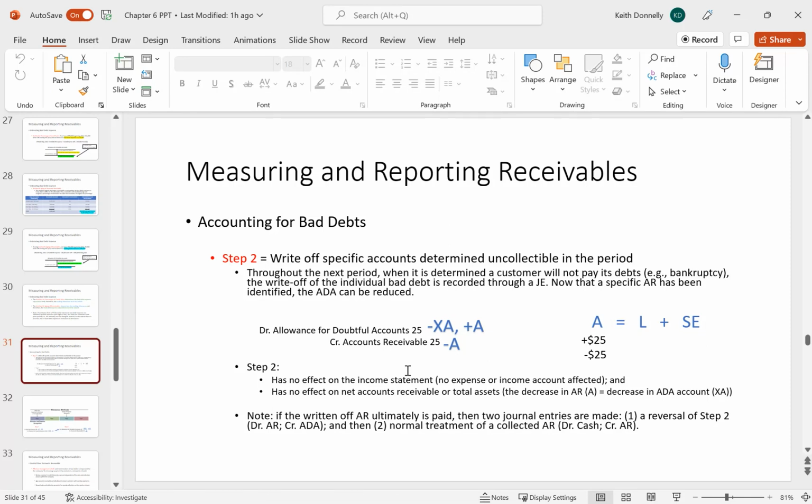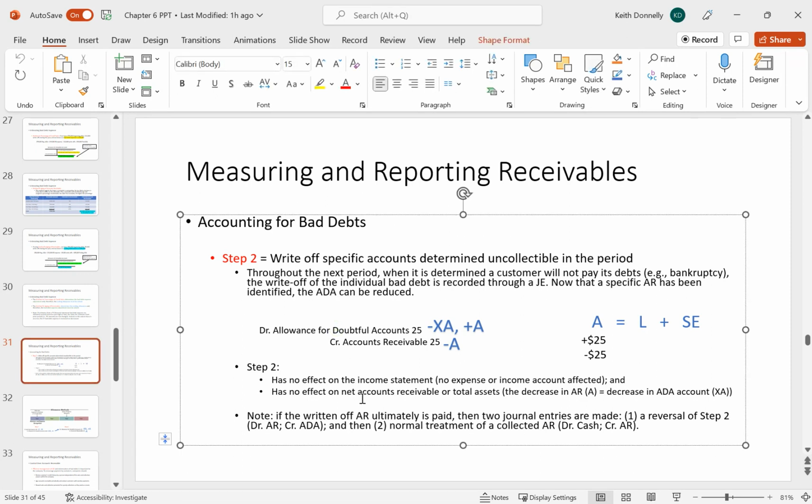In step 2, we would just debit allowance for doubtful accounts and credit the receivable. So we get rid of the receivable and we get rid of the allowance that we teed up in step 1. Now, if you look at this journal entry, it really doesn't have much of an effect in the sense that it doesn't impact the income statement. There are no revenue or expense accounts here.